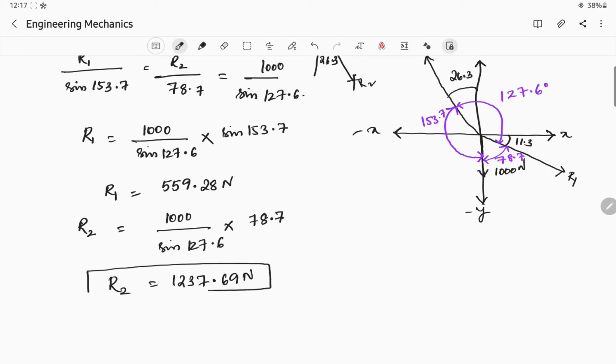You get the value of R2 as 1237.69 and R1 as 559.28. So this is the wedge A we have completed.